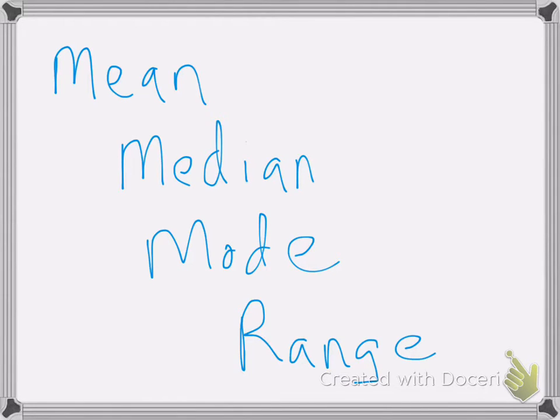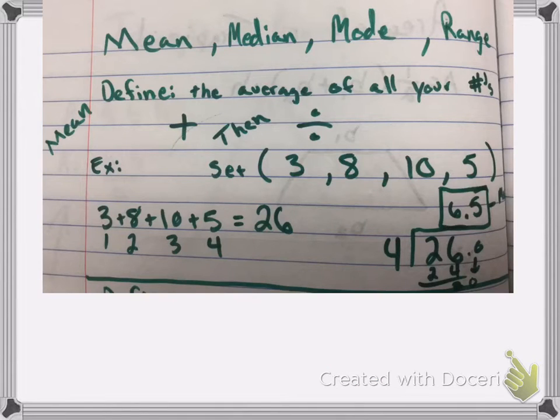So here we go. Mean, median, mode, and range. The definition for each one we'll go over, and then we'll go over what we need to do in order to find them. At the top of your page in your notebook, write mean, median, mode, and range.